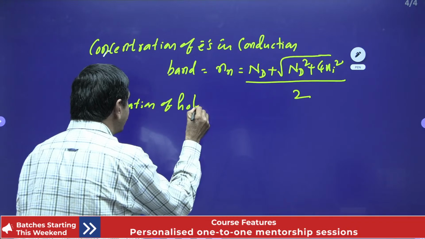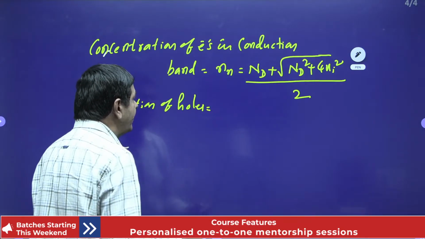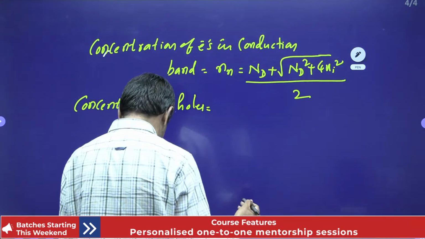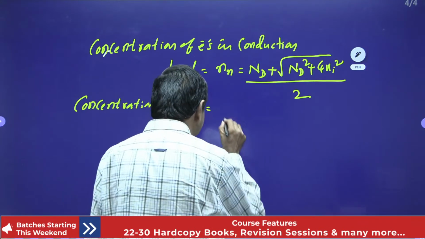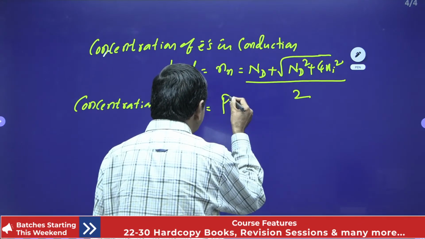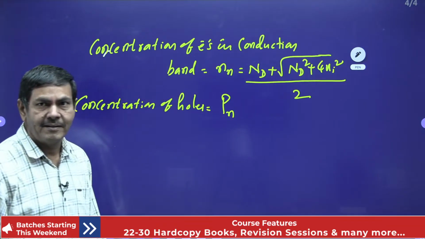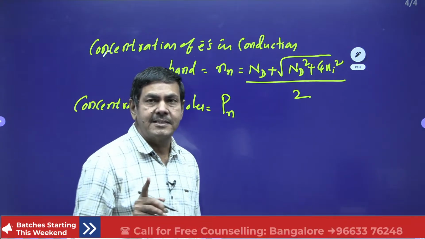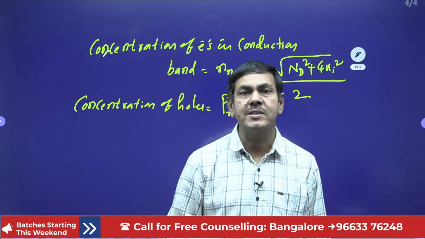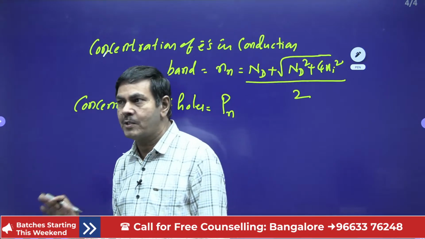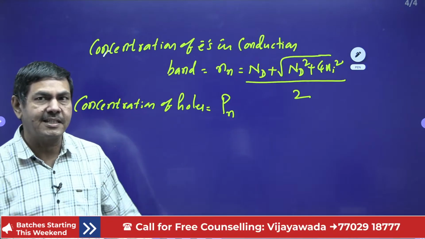They are the minority carriers, we can say, where the number of holes we can determine by using P suffix n. The minority carriers are generally calculated by using the mass action law. By using the mass action law only, it is calculated.